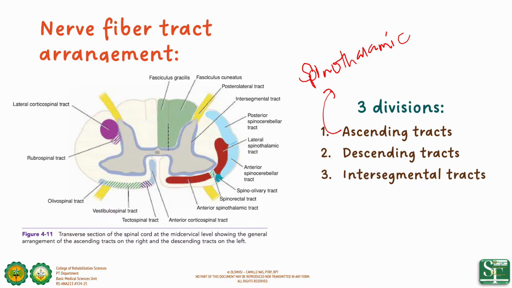Okay? What else? Your fasciculus gracilis and cuneatus. Kabuuan nito ha, this is also called your dorsal column. Kaya malilito pag hindi ginamit si fasciculus gracilis and fasciculus cuneatus kasi yung haba no? Dorsal column, sila din yun.